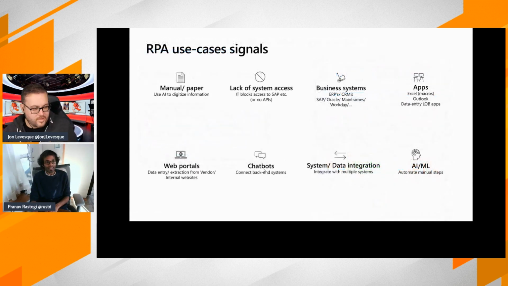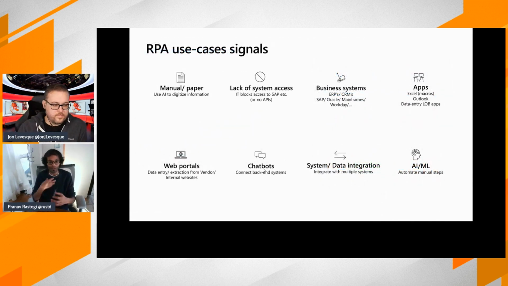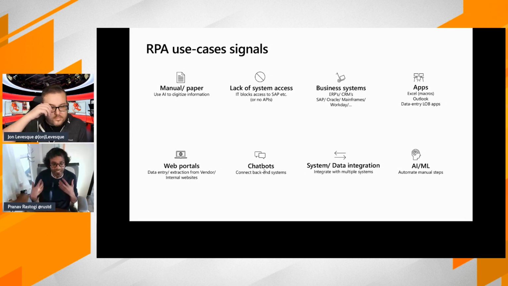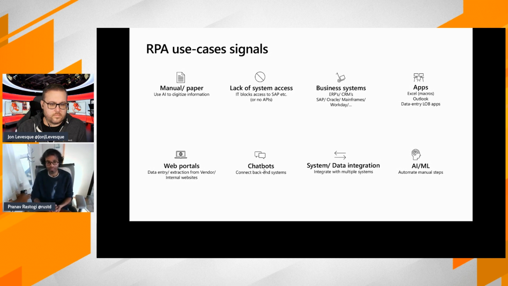Very cool. And then, just to flip this all over again, just in case these use cases or customer stories didn't resonate with you, these are some ideation pivots for you to think about where you can use RPA as well. If you're using any manual process or paper-based process, automate it using AI Builder models and stuff.